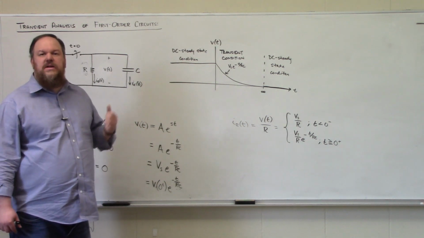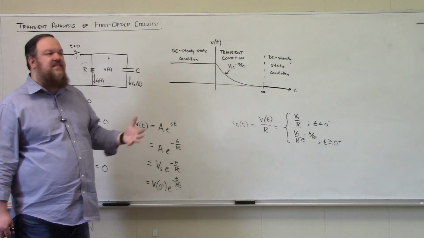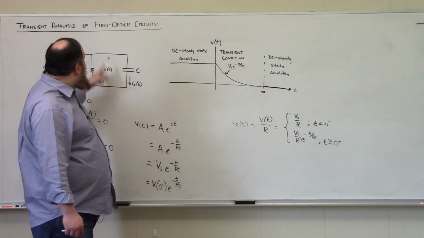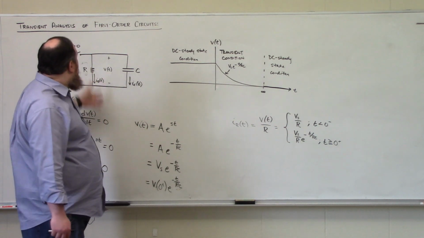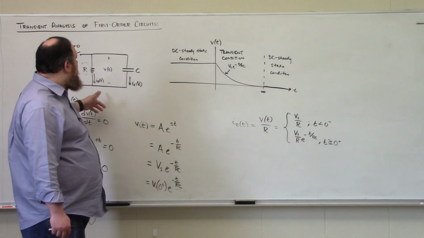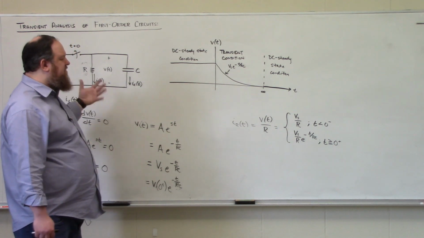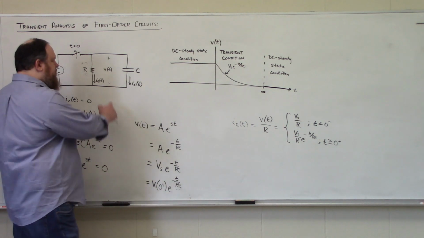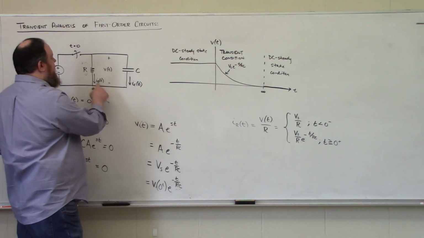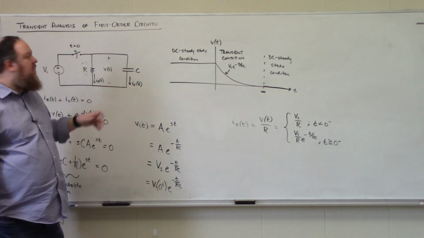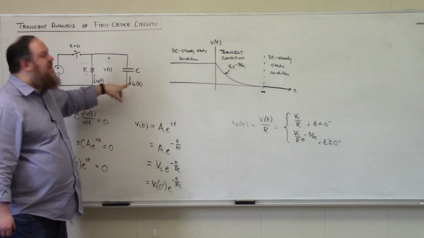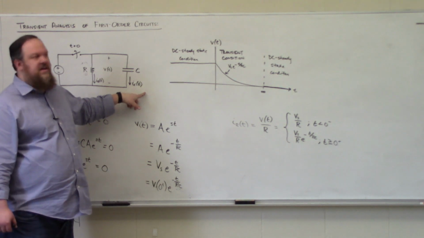Kirchhoff's current law and Kirchhoff's voltage law are what's forcing this to happen. So if we see that the voltage drop over the capacitor is an exponentially decaying function, then the current flowing through the resistor has to be an exponentially decaying function as well due to Ohm's law. And Kirchhoff's current law tells us that this current IR of t is going to be negative IC of t. And so if this is an exponentially decaying current, this has to be an exponentially decaying current as well.